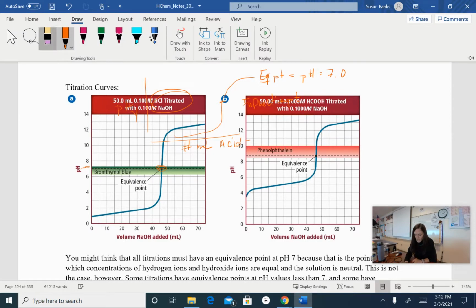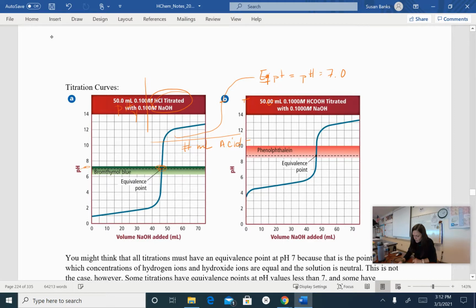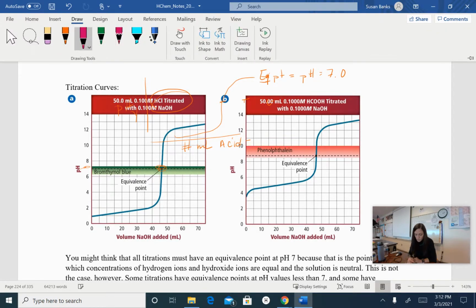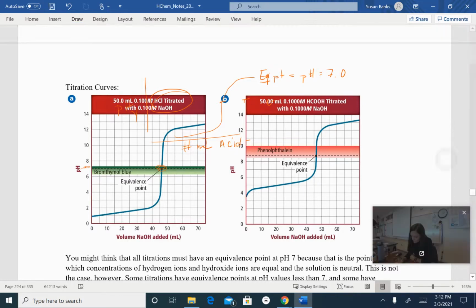So if we have a reaction where we have a strong acid with a weak base or a weak acid with a strong base. So here, let's look at this one over here. I've got a weak acid with a strong base. So if I have a weak acid with a strong base, that base is going to overpower it.